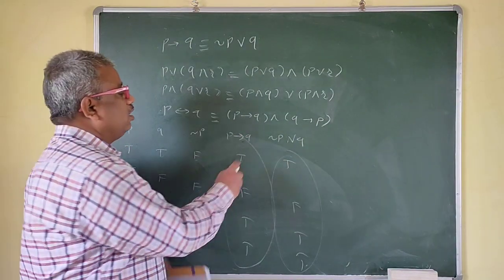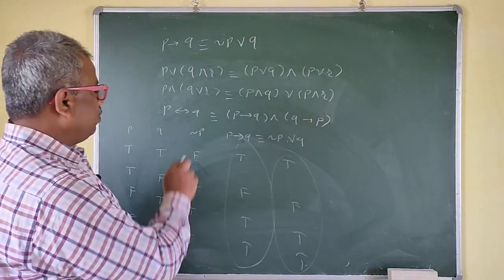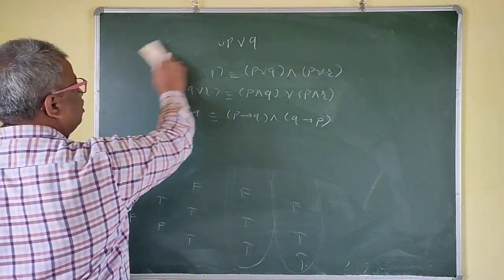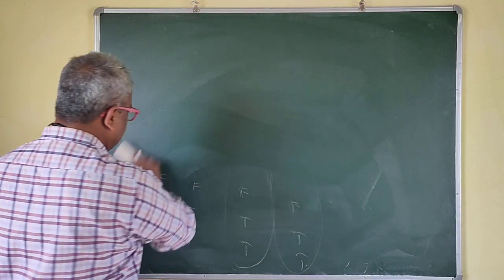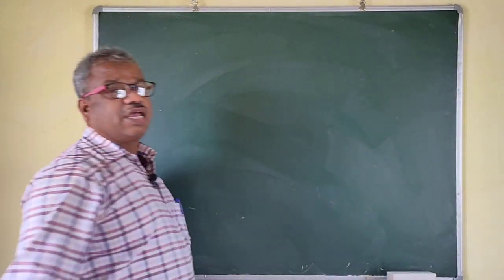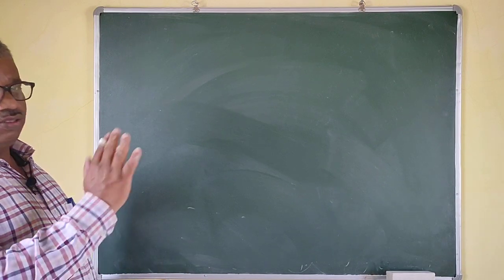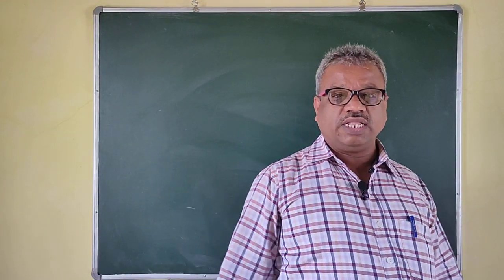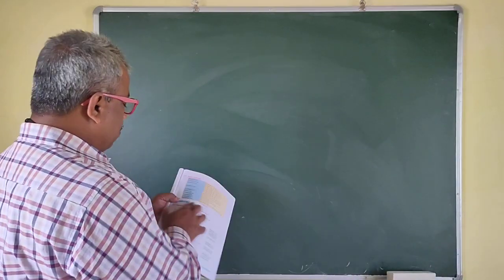Therefore, these two are logically equivalent. Similarly, you can prove the other thing. Okay, so we'll write some important results that help you to verify, without considering the table, whether two compound statements are logically equivalent. So we take the help of this one.